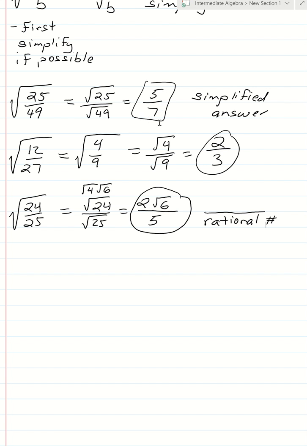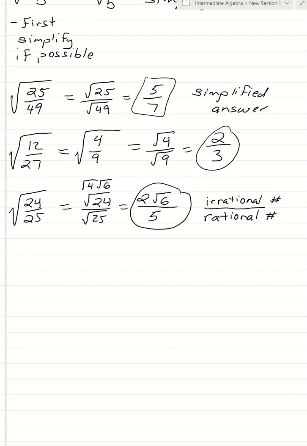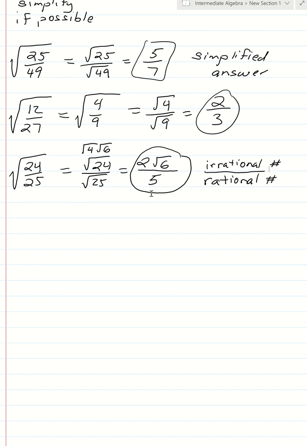The 7 that we had here was a rational number. In this numerator, we're left with a 2 square root of 6. This is considered an irrational number. And we like it when we always have a rational number in the denominator. That's how you know you have expressed your answer in simplest form, when you have a rational number in your denominator.